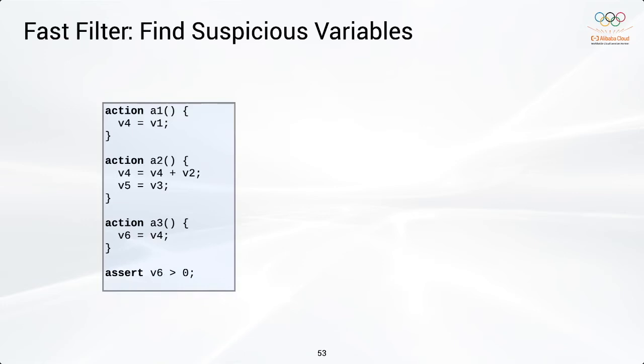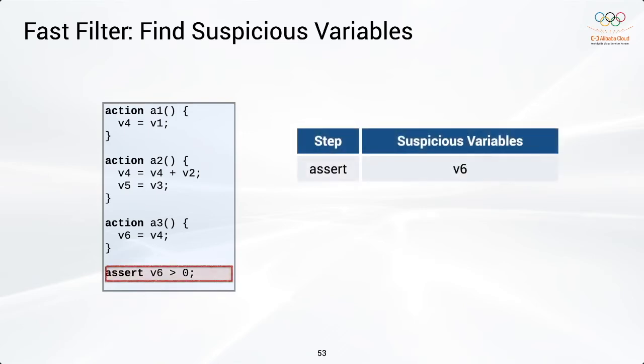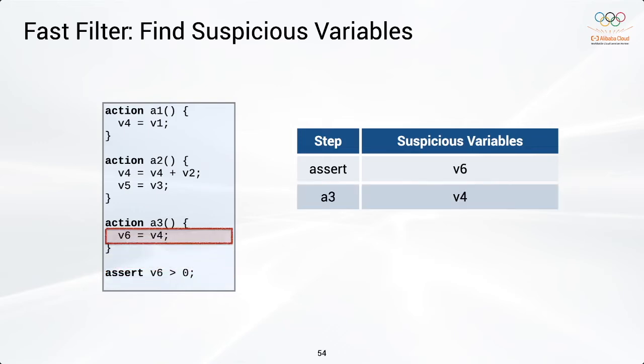Assume the buggy trace has been constructed, so we start from the violated assertion to analyze which variables can make the assertion invalid along the backward direction of the trace. Initially, we know variable v6 is suspicious because there's only one variable in the violated assertion. Then we go back.